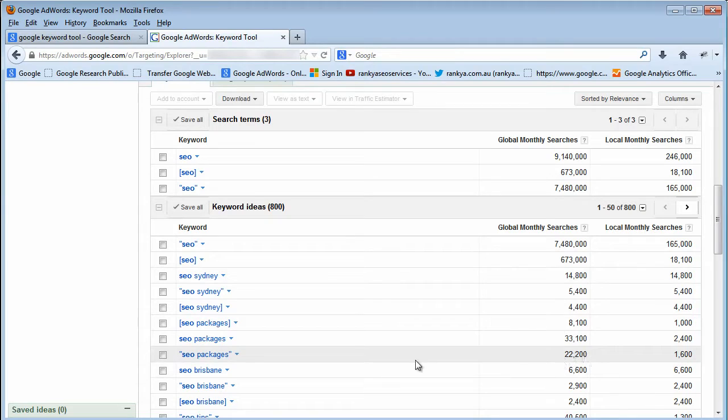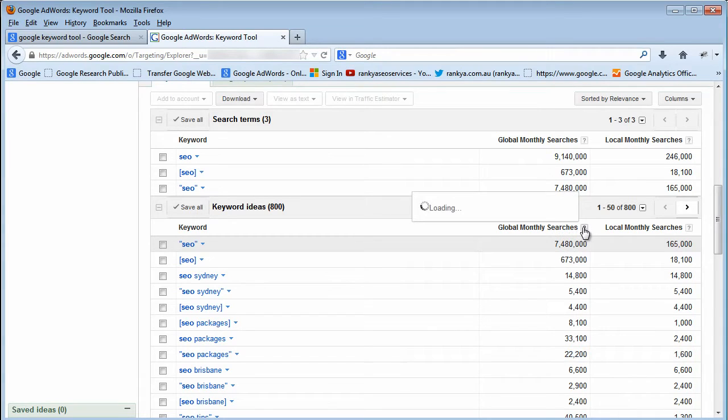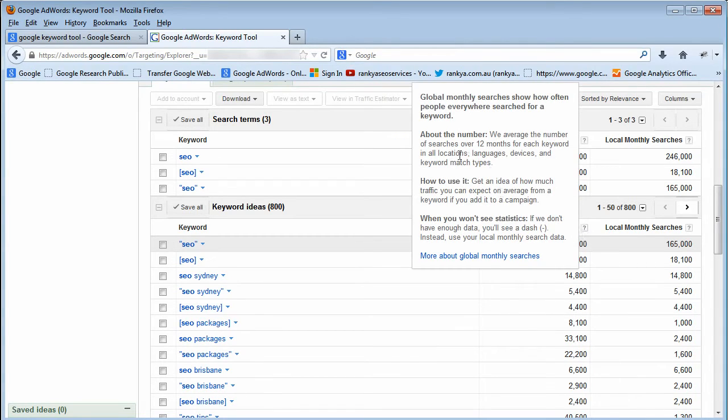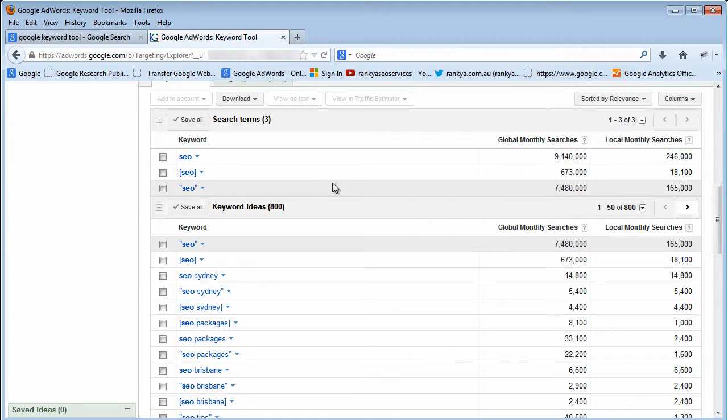Just understand that global monthly searches takes the entire Google network of the internet for the past 12 months, and averages it to a monthly result set, so to speak. That's what they're saying here.